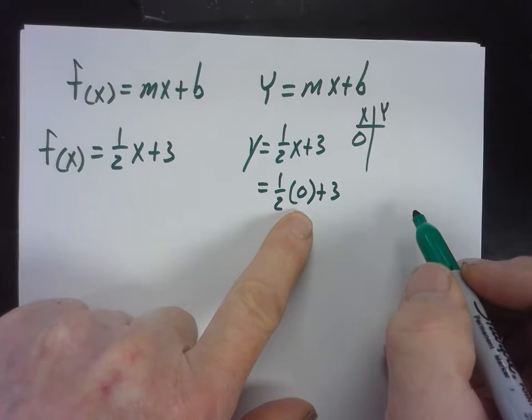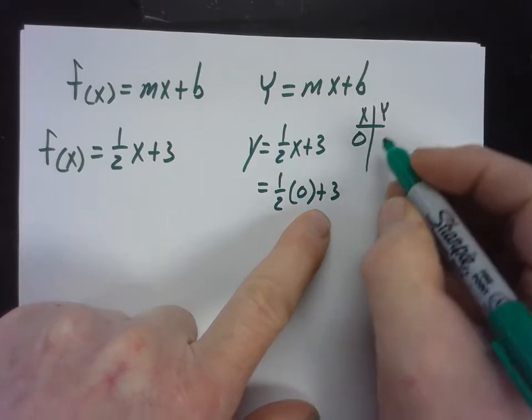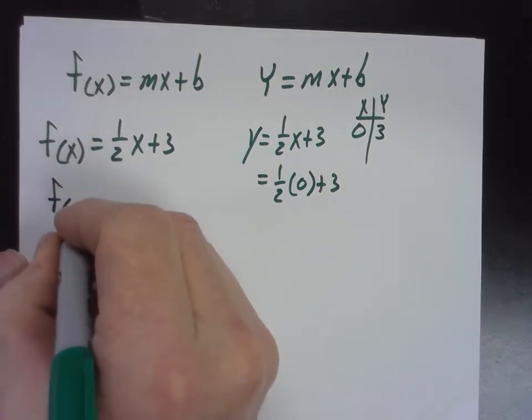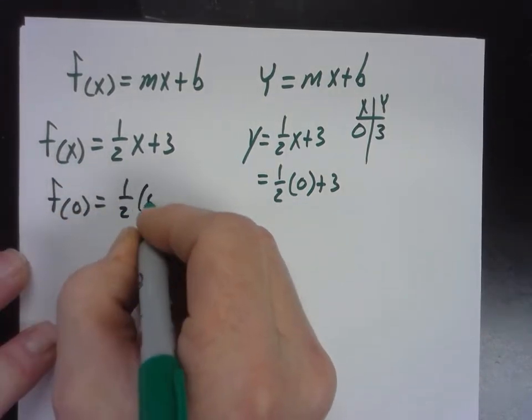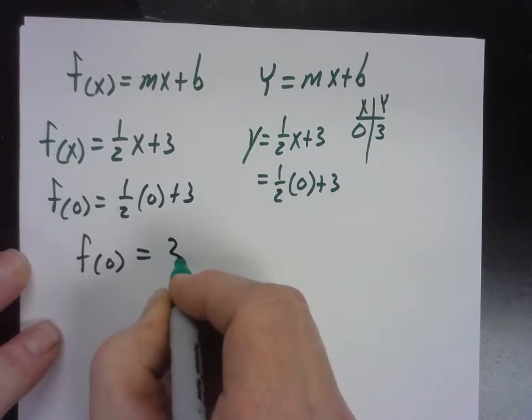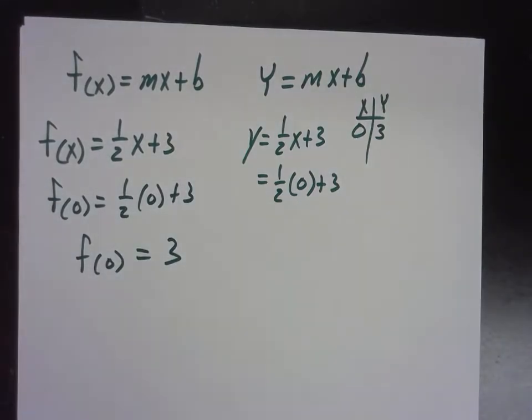What's half of 0? Alright, plus 3. Or we can say f of 0 equals 1/2 times 0 plus 3. So f of 0 equals 3. And you can see we're just doing exactly the same thing, aren't we? Is there any difference? Just the way it looks a little bit, right?